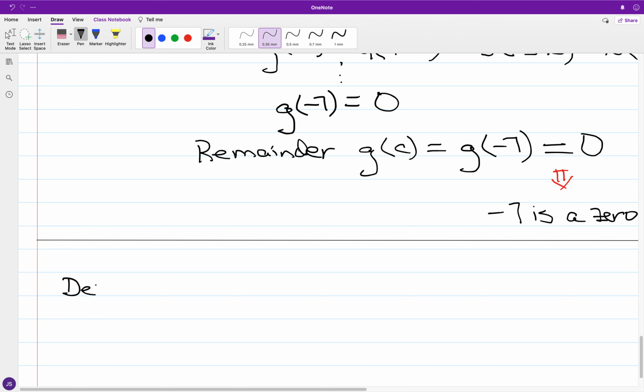For the next phase, we'll be determining factors of polynomials from given zeros.